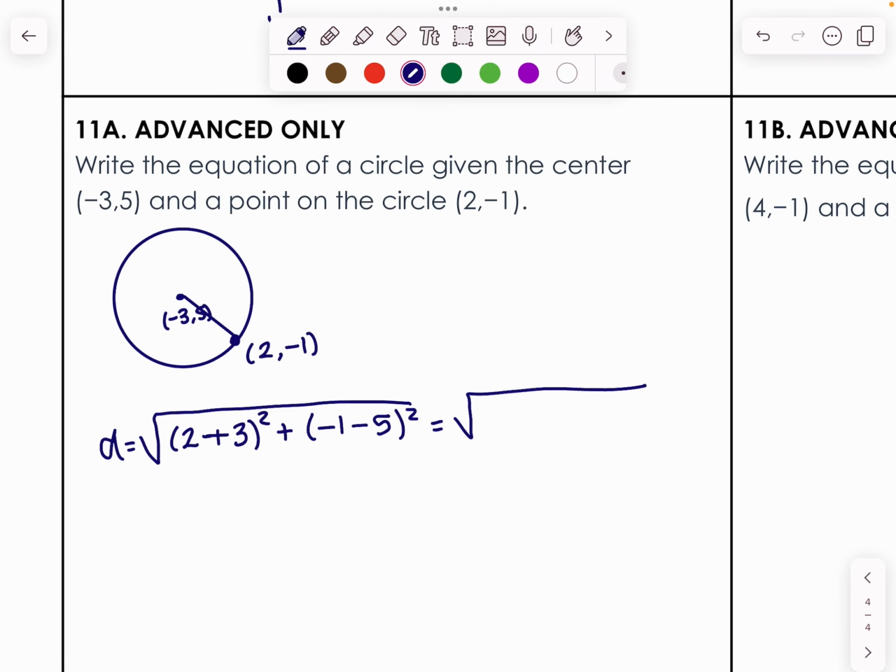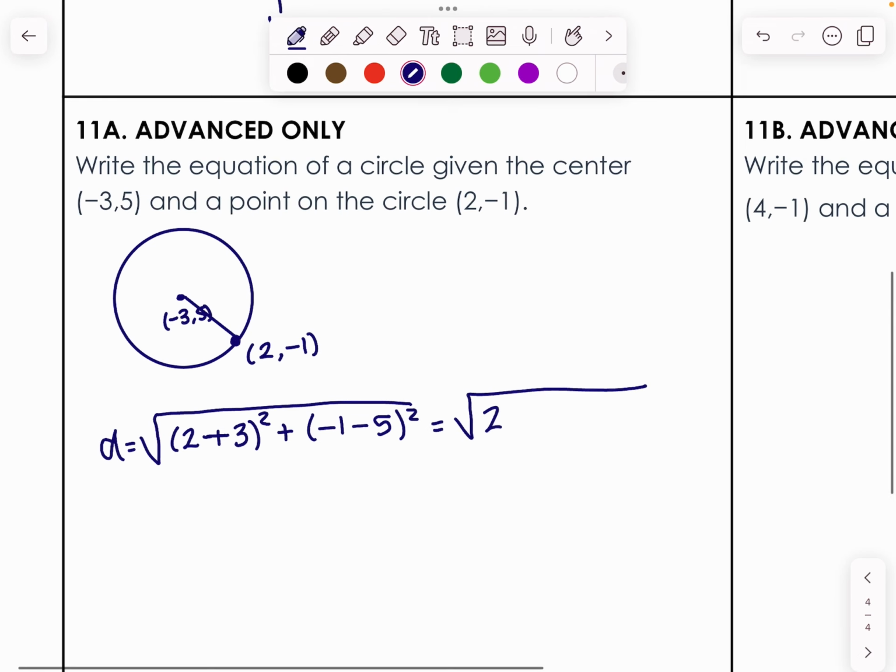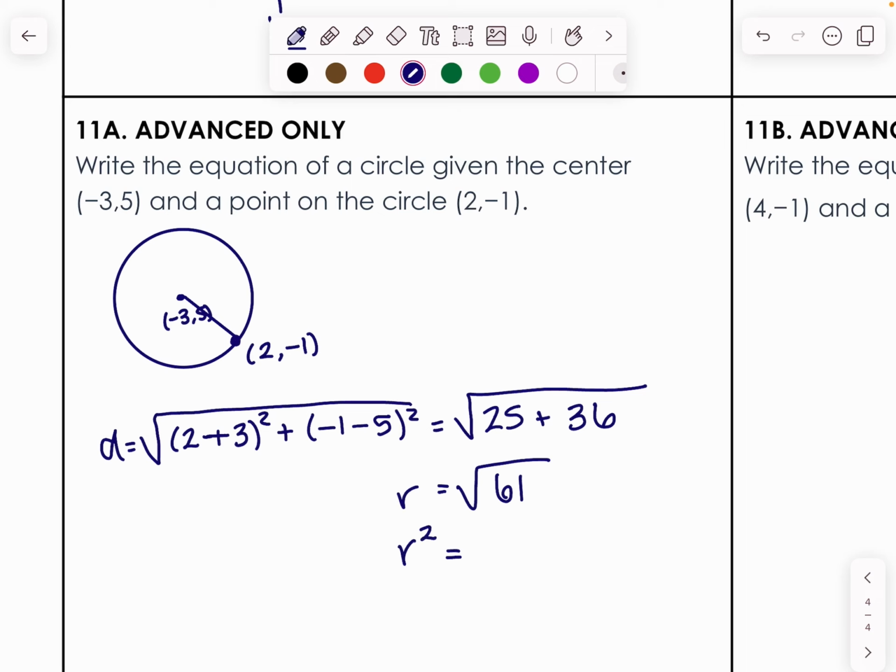Okay, so 2 plus 3 is 5. 5 squared is going to be 25. And then -1 minus 5 is -6. 6 squared is 36. Okay, if we add those two together, 25 and 36 is going to be 61. Okay, so my radius is going to be the square root of 61. In my equation, I need r squared, so when I square a square root, it goes away.